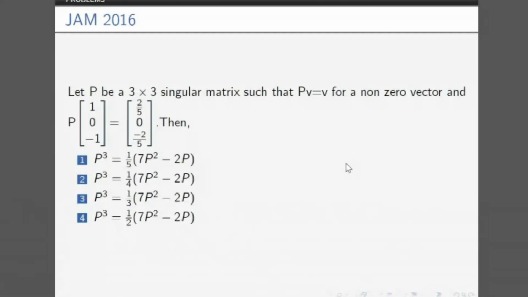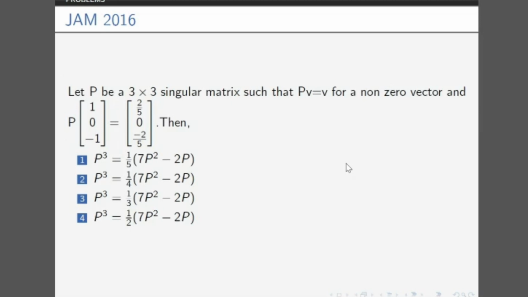Since P is a singular matrix, then 0 must be an eigenvalue of P. Yes. At least. And PV is equal to V, that means 1 is also an eigenvalue of P. Yes, very good. And now from these 2 points, we can get the third eigenvalue.